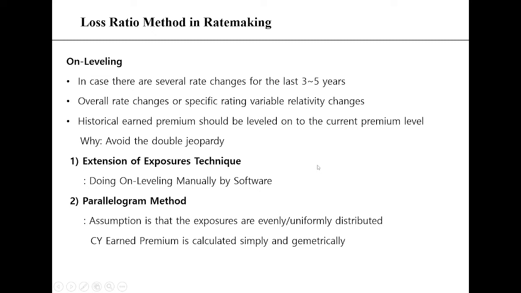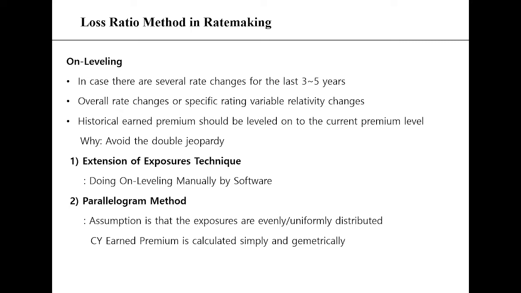Onleveling is for the premium. So let's assume there are several rate changes for the last 3 or 5 years. And probably most of them are rate increases, not decreases. So we do the rate filing, overall rate changes or specific rating variable relativity changes.